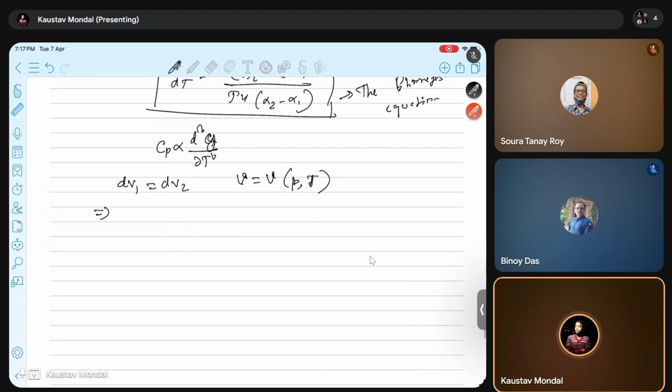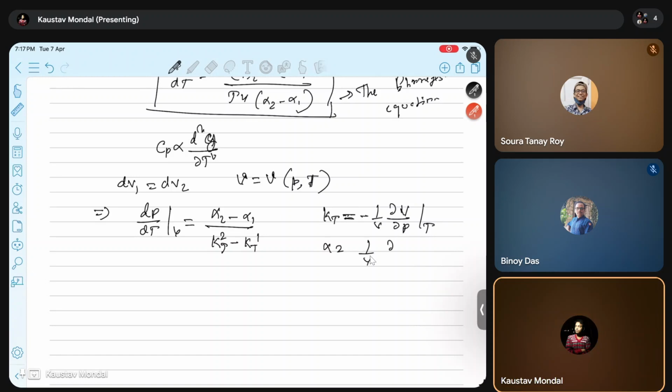Similarly, if you take the total derivative and use some Maxwell relation, you will get the equation like this: dP by dT at constant volume will be equal to alpha2 minus alpha1 divided by kT2 minus kT1. Here kT is the compressibility, basically minus 1 by V del V by del P at constant T, and alpha we know is 1 by V del V by del T at constant P. So this is also a form of the Ehrenfest equation.